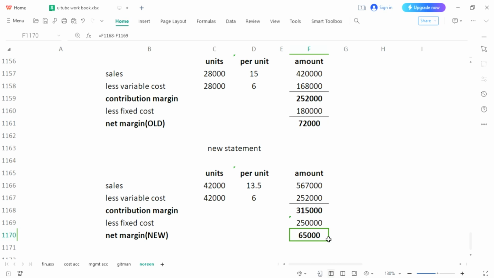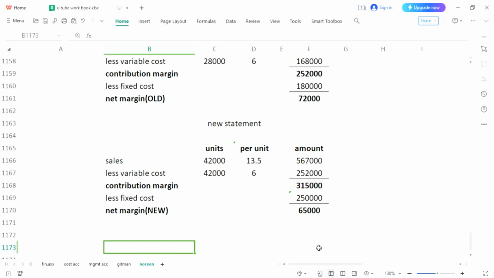So please keep in mind as a manager, it is not necessary that if you decrease your per unit sale price, demand and sales will increase, that would not assure you that your net margin would also increase. So keep it in mind. Here from 72,000, our net margin decreased to 65,000. So the decision we are asked to make is no.